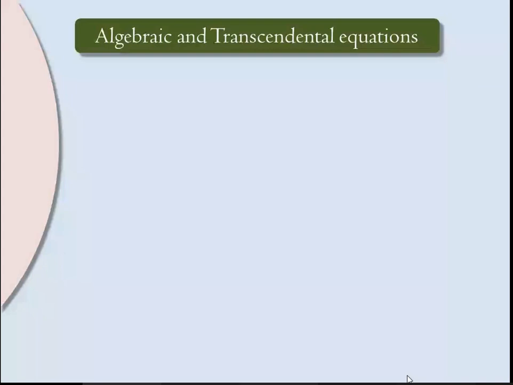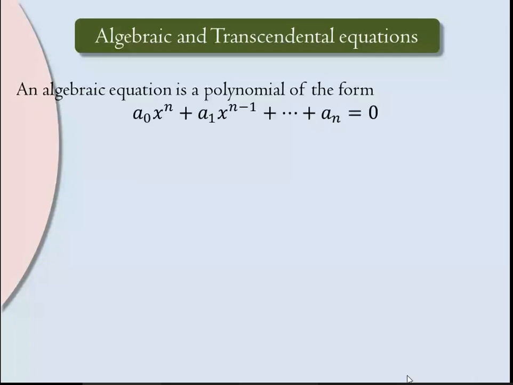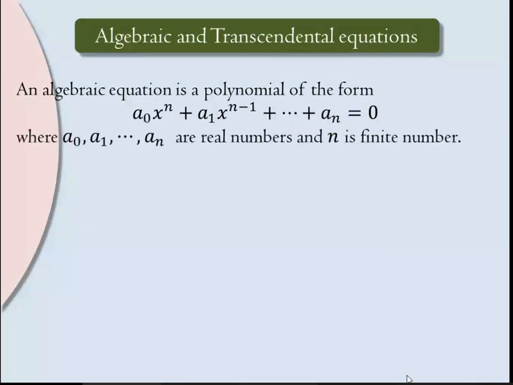The algebraic equation is nothing but a polynomial of the form a0 x^n + a1 x^(n-1) + ... + an = 0, where a0, a1 up to an are real numbers and n is any finite number. So any equation in terms of x, of any power, we call an algebraic equation.